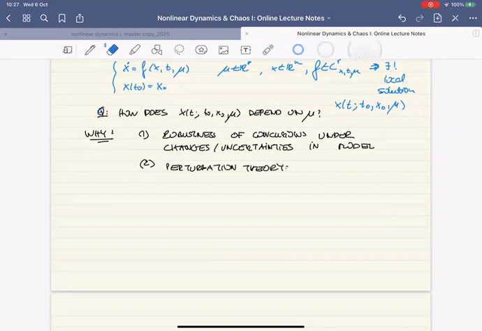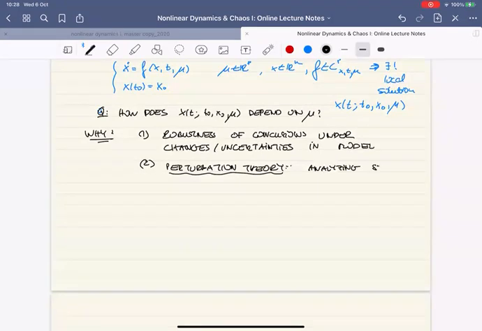Well, what's perturbation theory? Analyzing the system for mu minus mu naught much less than 1 based on knowledge at mu equals mu naught, right?